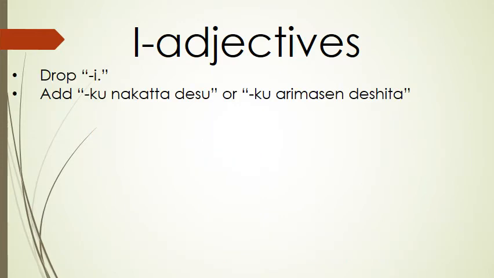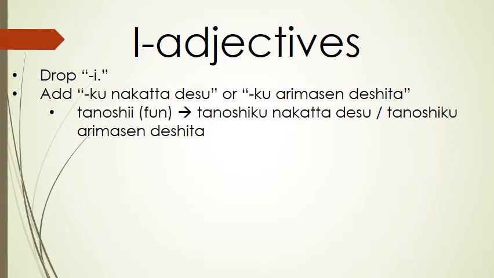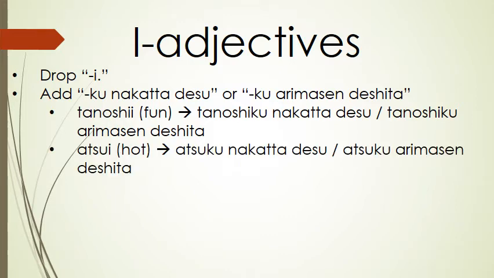Now, if we want to form the negative past tense of an i adjective, we drop the i from the end and add ku nakatta desu or ku arimasen deshita. So, tanoshii, fun, would become tanoshiku nakatta desu or tanoshiku arimasen deshita. Atsui, hot, would become atsuku nakatta desu or atsuku arimasen deshita.